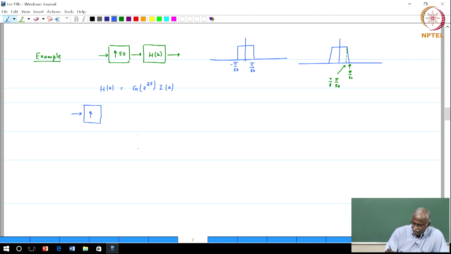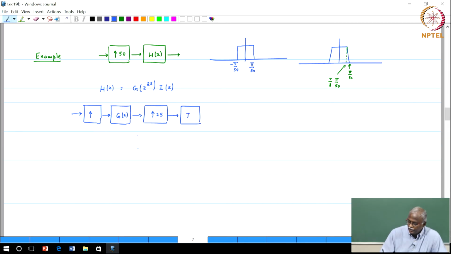I will implement 50 as an upsampling by 2 and upsampling by 25. So applying the Noble identity, this becomes G of Z followed by upsampling by a factor of 25, then followed by I of Z.